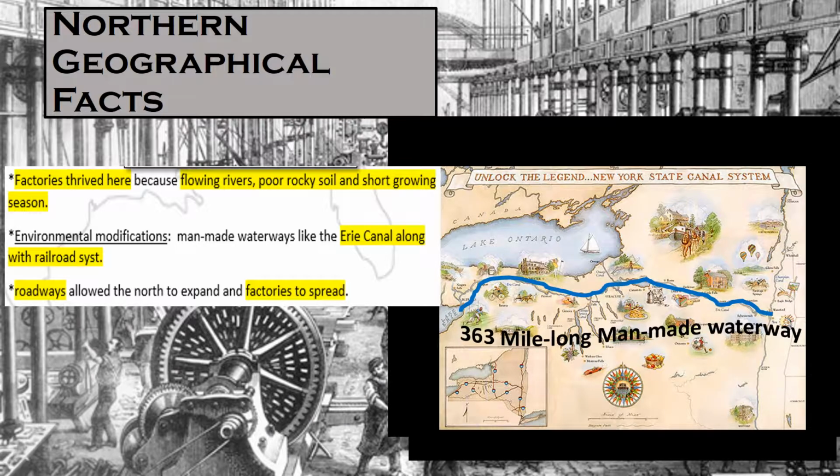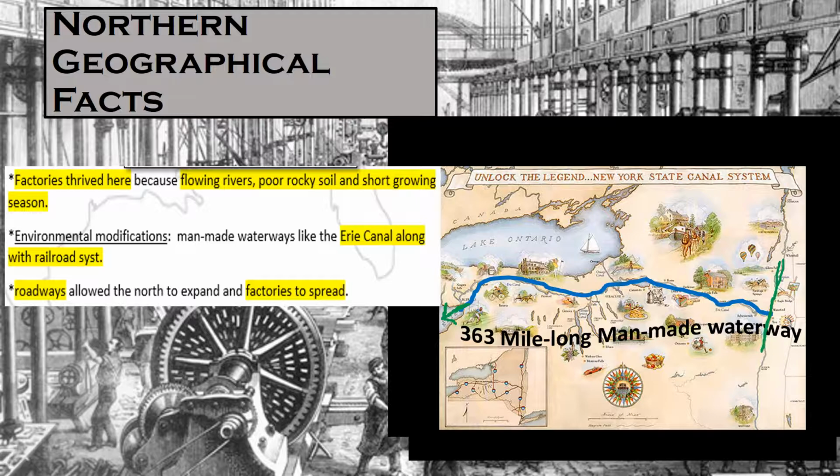It's a 363 mile long man-made waterway. We literally dug it out, okay? And you connected this river to one of the Great Lakes. Really great opportunity to move product.